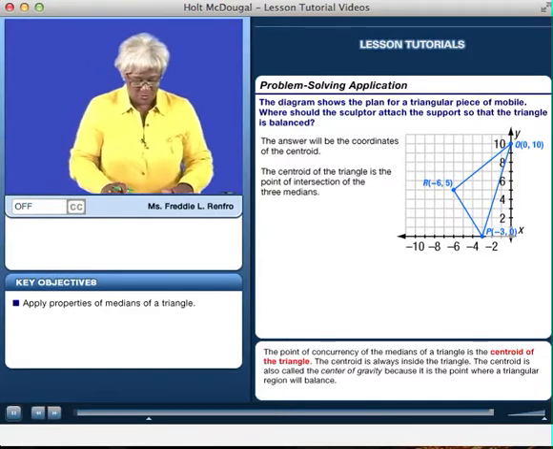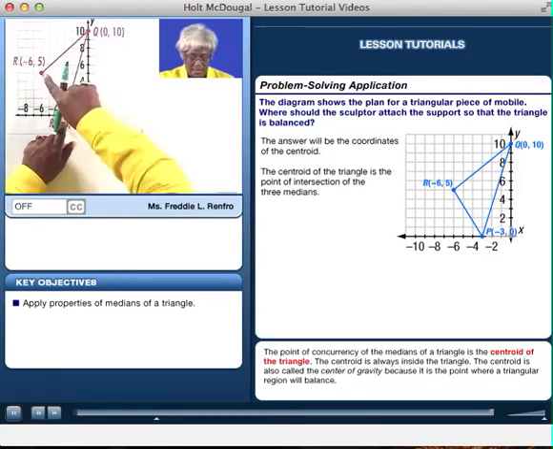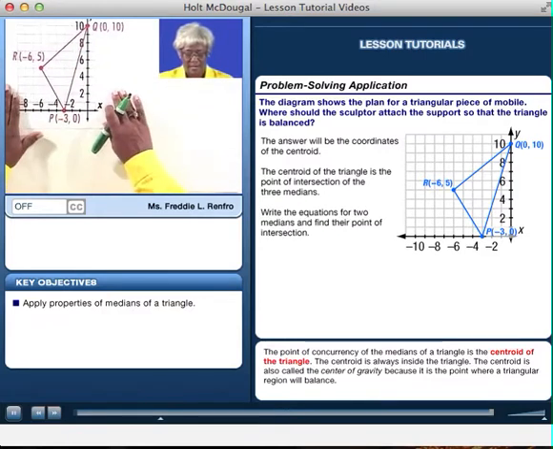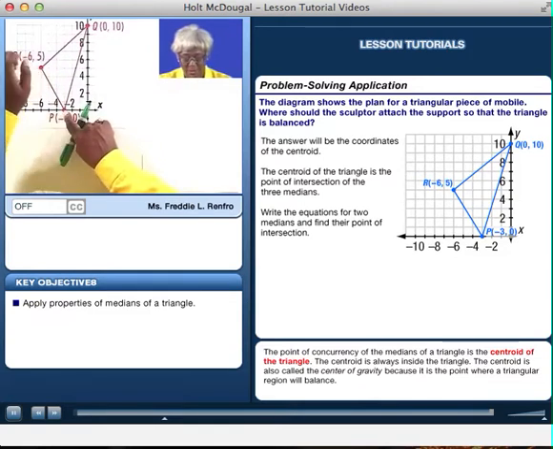Okay, let's take a look at what we have. Let's see if we can find the median from point P to the midpoint of the opposite side. Well, I need to know the midpoint so that I can connect this point to the midpoint of the opposite side.